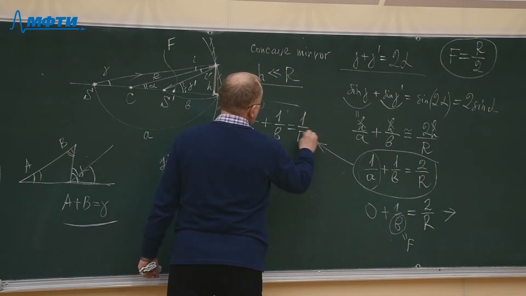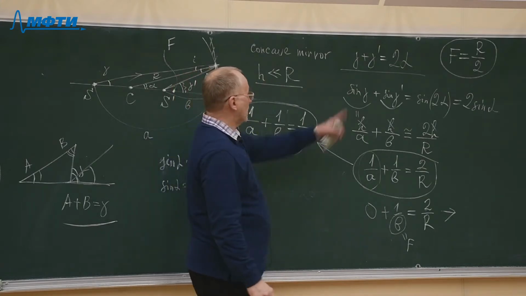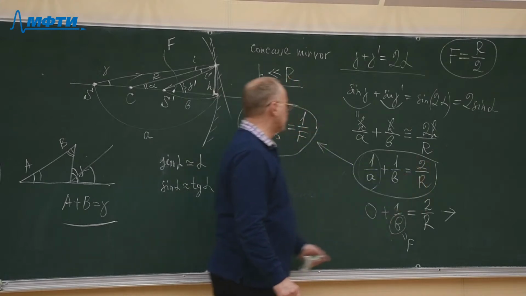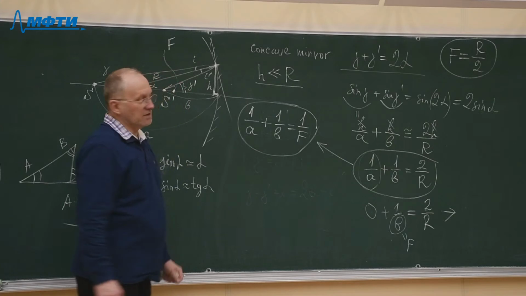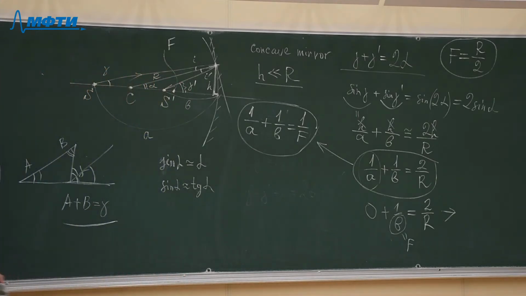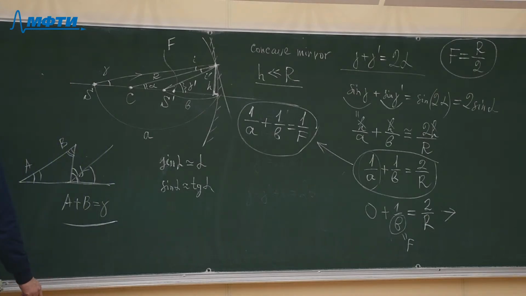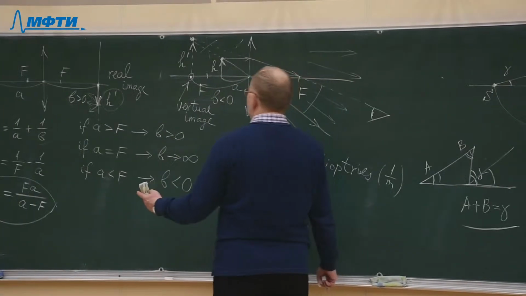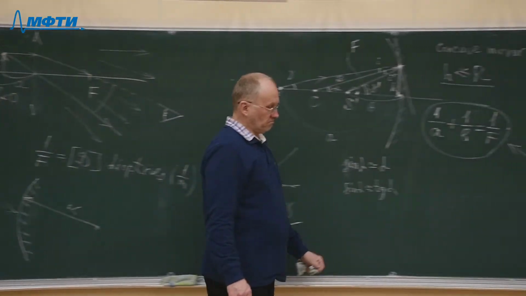So that will be 1 over f. If f is equal to r over 2, then from here we obtain that this is just 1 over f. And the formula of the concave mirror is exactly the same as the formula for the convex lens.